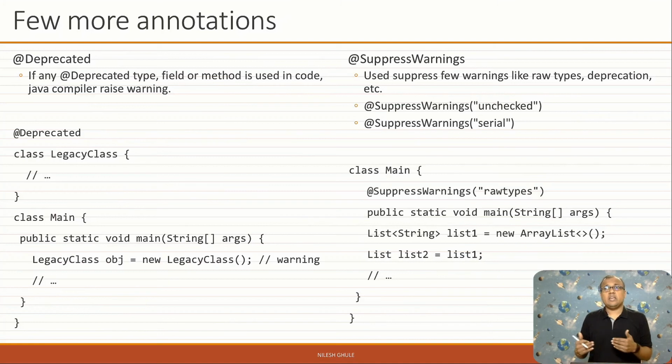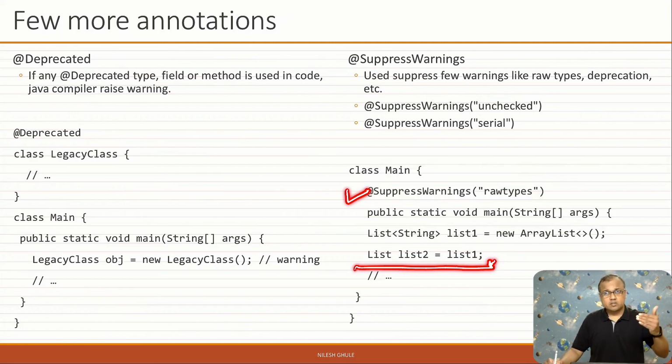For example, in this case, we have used a List object. From Java 5 onwards, it is recommended to use generic classes all the time. However, if generic classes are not used, the compiler gives a warning. In this particular case, if I want to avoid this warning, then I can use @SuppressWarnings("rawtypes") on the method or even at the variable level.